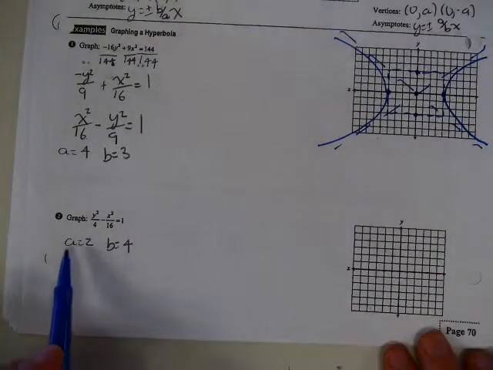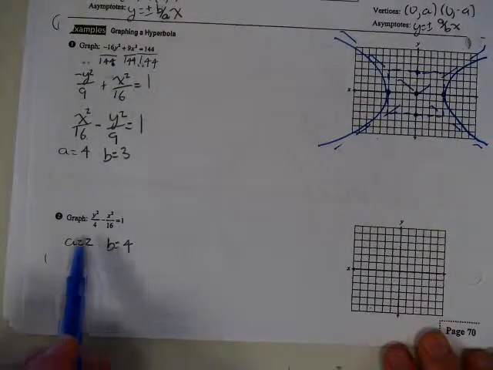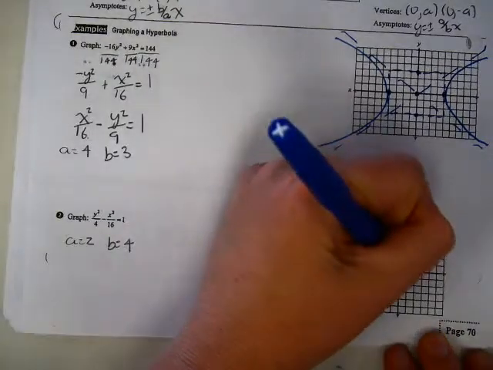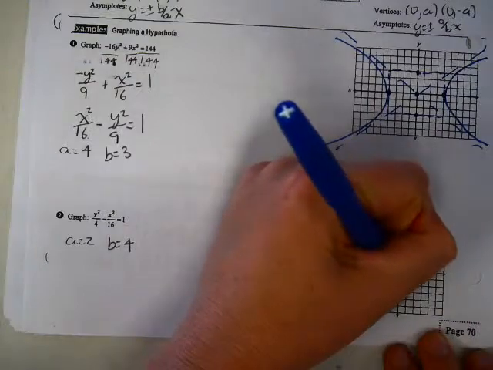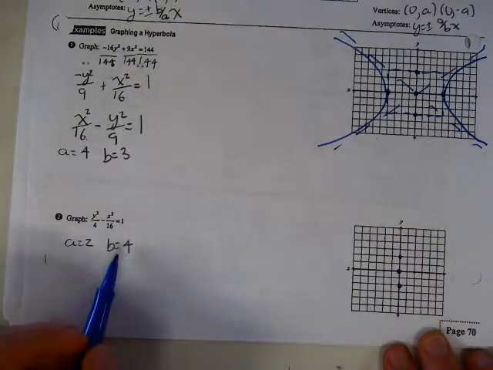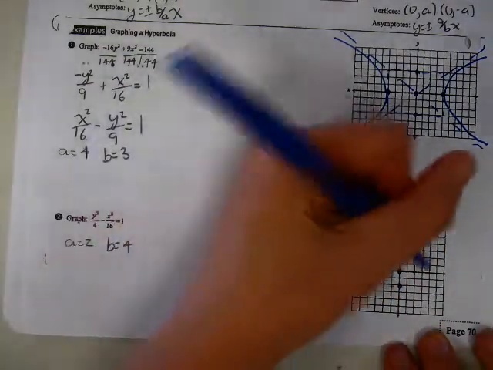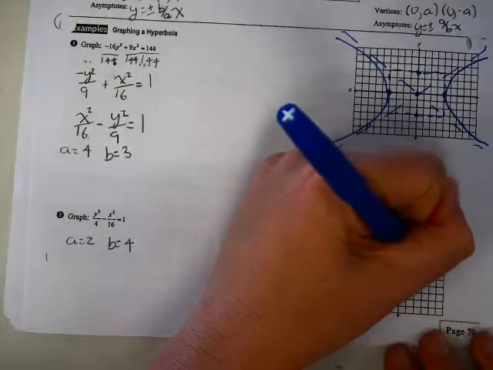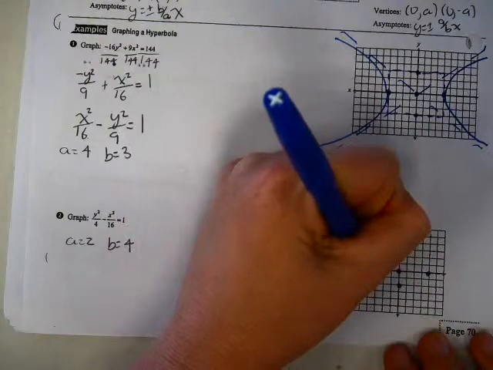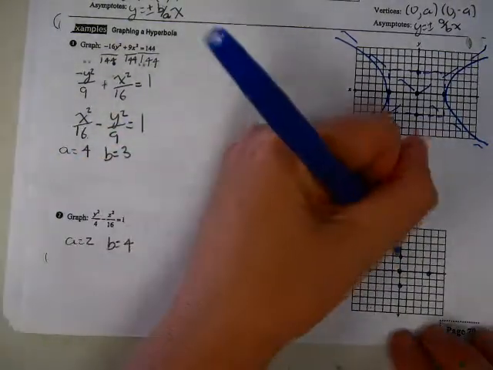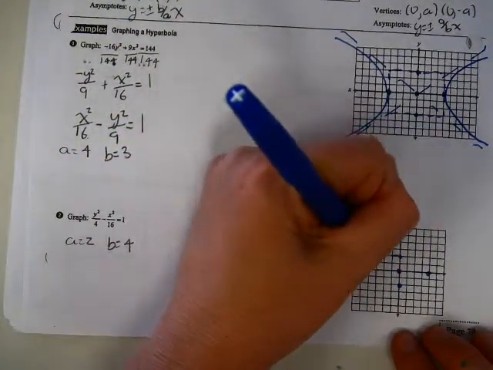So I'm going to go 2 units in the y direction from the center. Center is at the origin. 1, 2. 4 units in the x direction. 1, 2, 3, 4. And sketch the box.